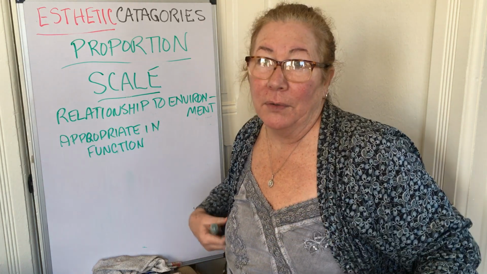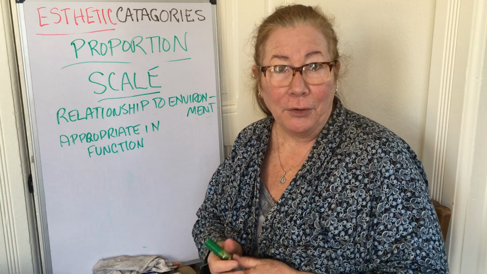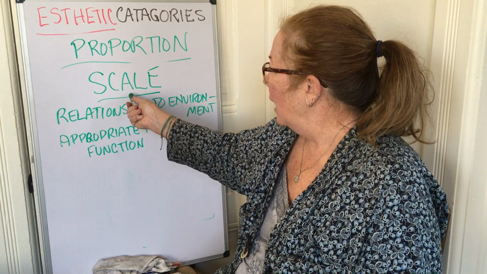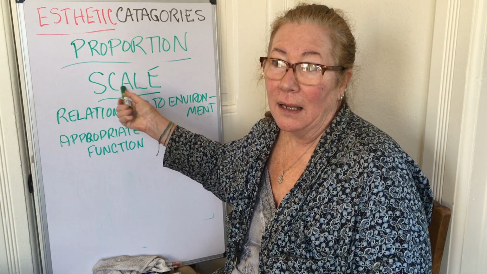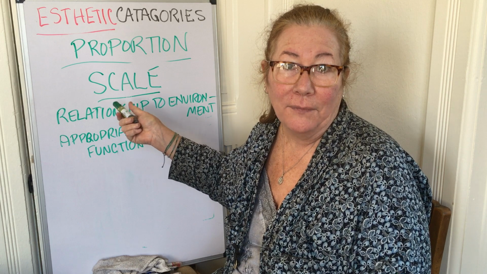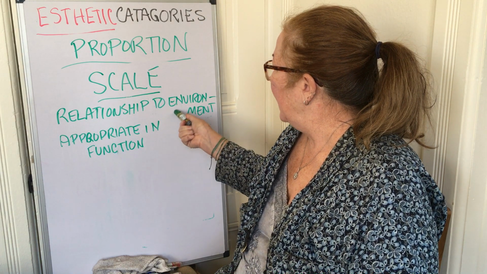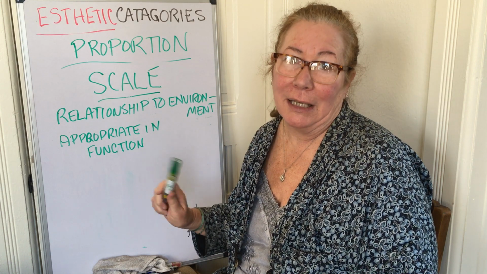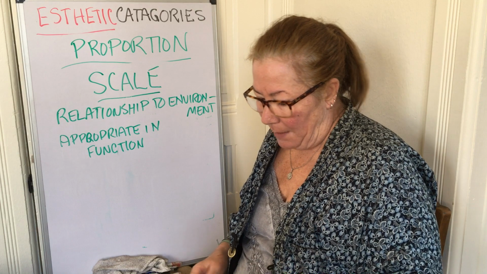But that hat sculpture is like 9 feet across, so the scale is very large compared to what a hat would normally be to fit on a human head. And therefore it has this interesting relationship to the environment around it. So the scale is very different, and we'll talk about that more.